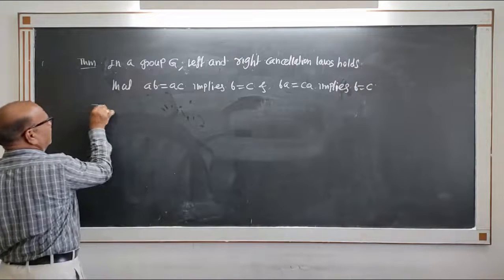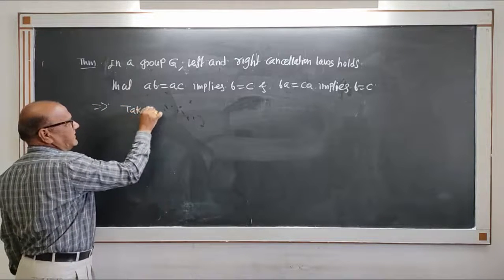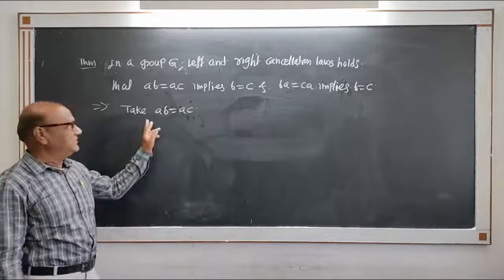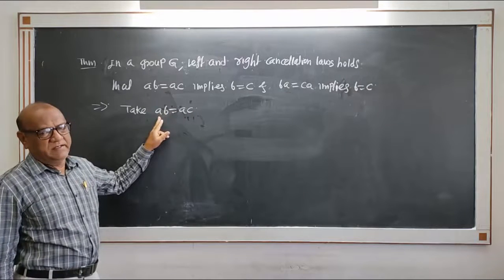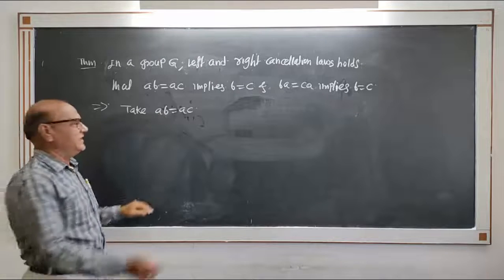Here, take AB is equal to AC. G is a group, so each element has an inverse.